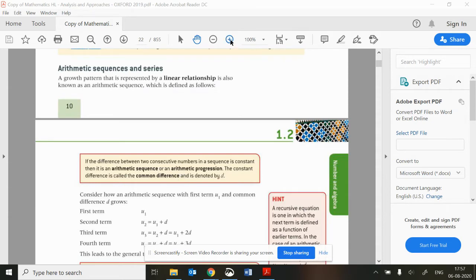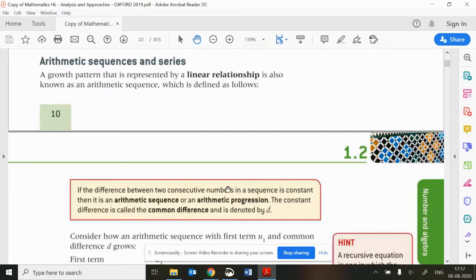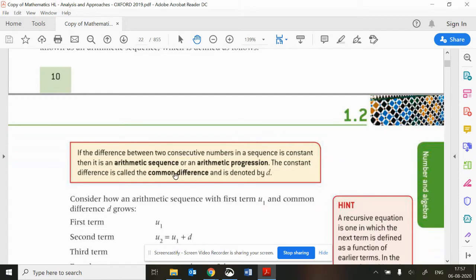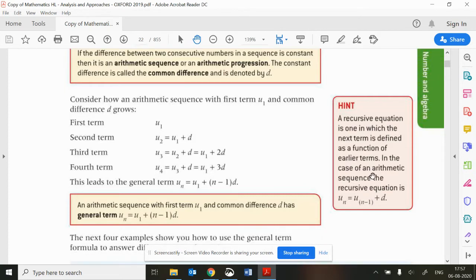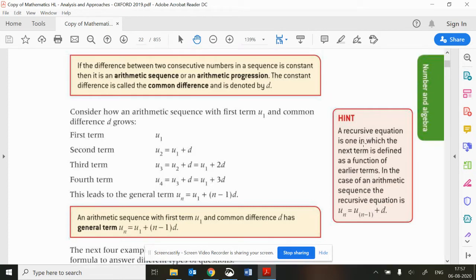Here we go, let's have a little look. Sometimes this is called an arithmetic progression, which I talked about. Interestingly, they also talk about recursive definitions. So they're chucking a lot of stuff at you already here. A recursive or iterative definition means how do you get from one term to the next term, not how do you get from the term number to the term itself.